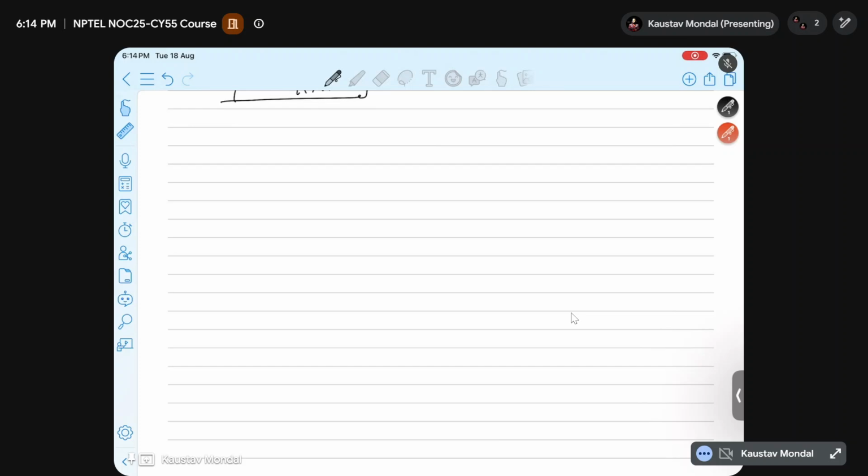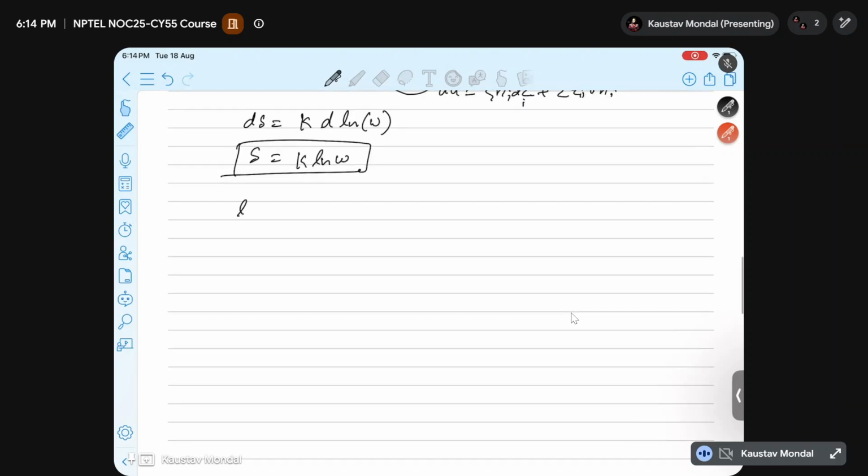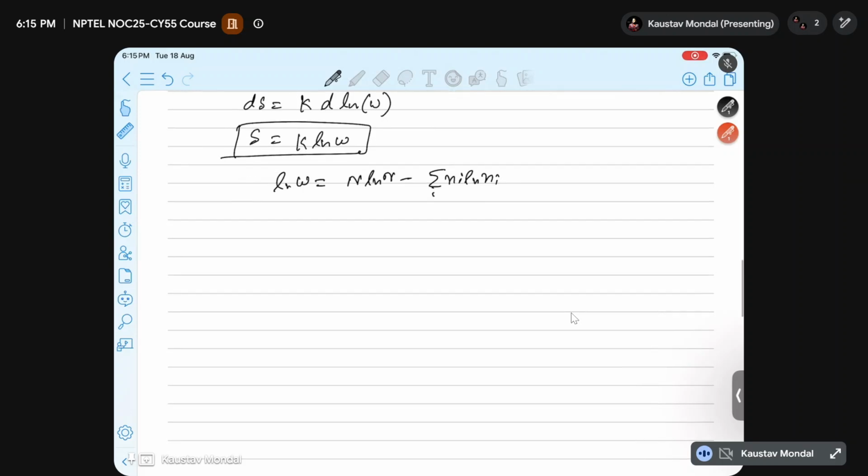Okay. So how to do that? For that, use this definition of ln W. In the very first class, we know ln W is nothing but N ln N minus summation over i of ni ln ni. This basically comes from the discussion of the weights of a particular configuration, right? That you have done in the very first class.